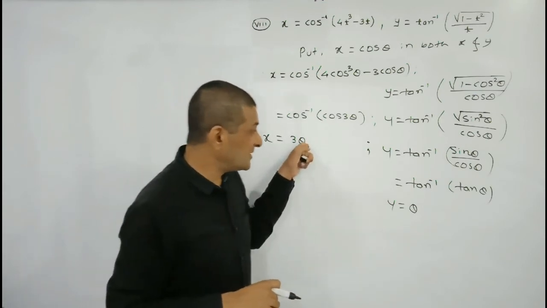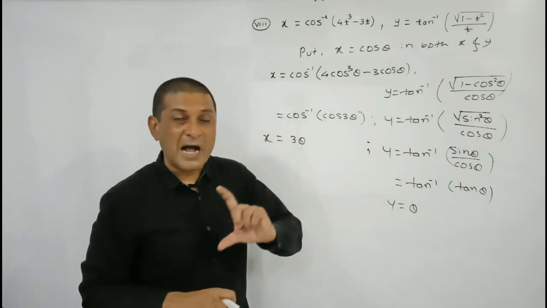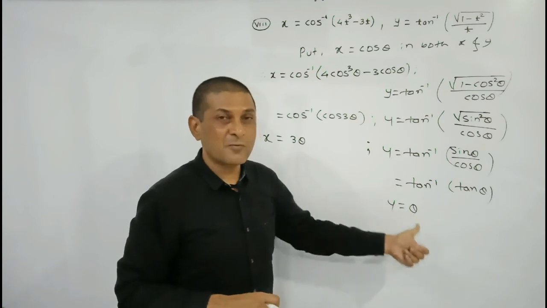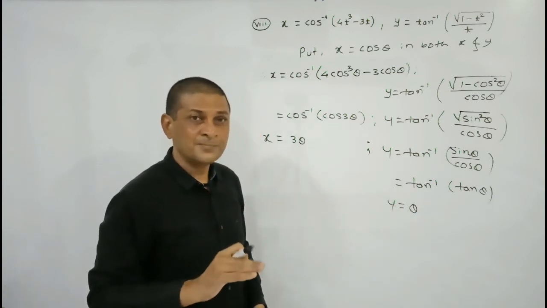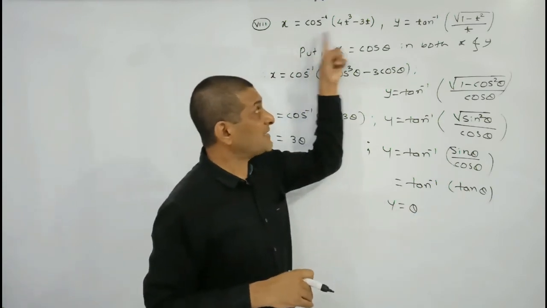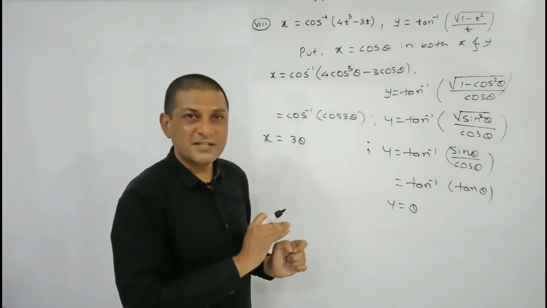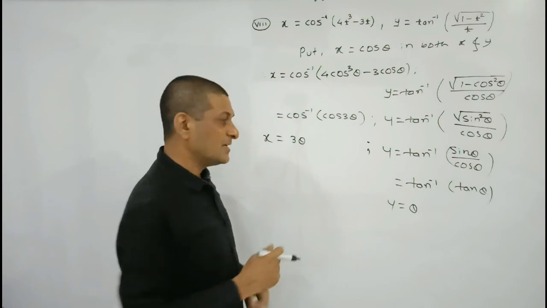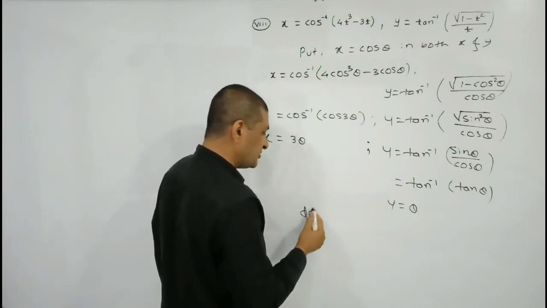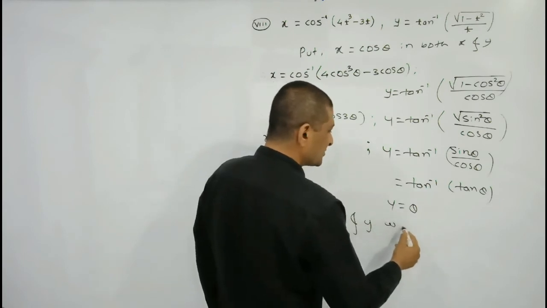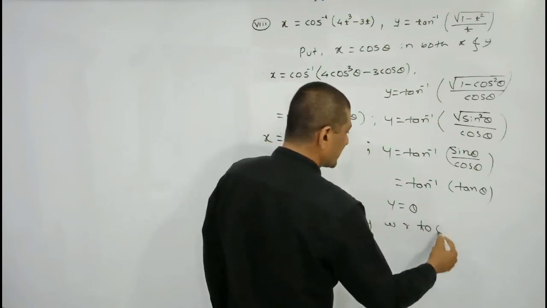Now we will consider theta as nothing but what, our parameter, because the value of x is also in terms of theta and y is also in terms of theta, and in both x and y theta is the same, cos inverse of x. That's why we are considering theta as our parameter. So now we differentiate x and y with respect to what, theta.